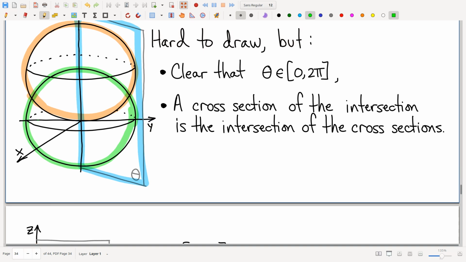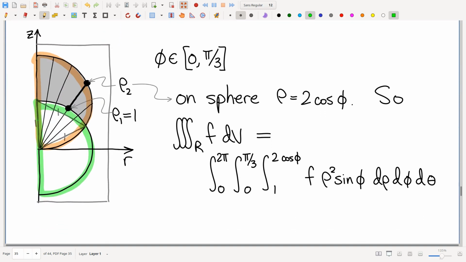I can't draw it, that's hard to visualize. And thinking about slicing up that confusing thing, I can instead just look at, okay, well, here are the individual cross sections. And what's the part of the orange that's outside of the green? Well, nothing to it. It's just this. It's just that blue thing right there.